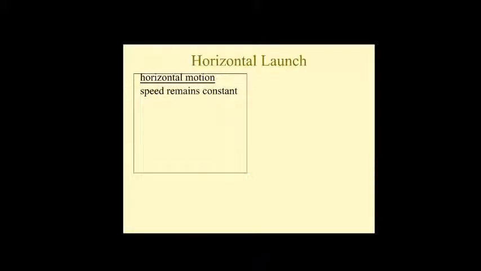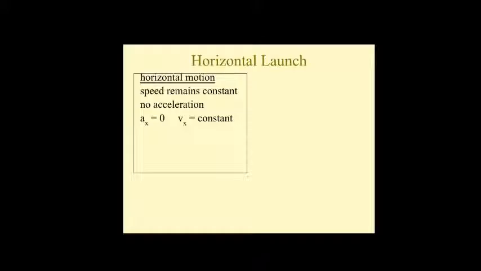During this time, the speed remains the same. There's no acceleration left and right. The acceleration is downward, so the horizontal speed remains the same. No acceleration in mathematical terms, so we say Ax equals 0 and Vx equals a constant value.